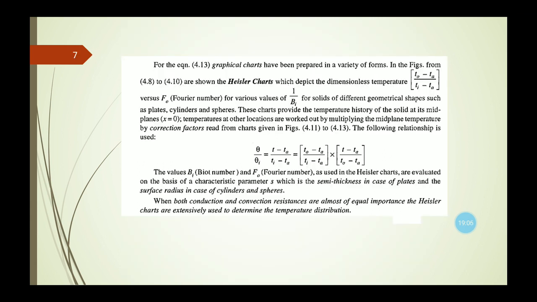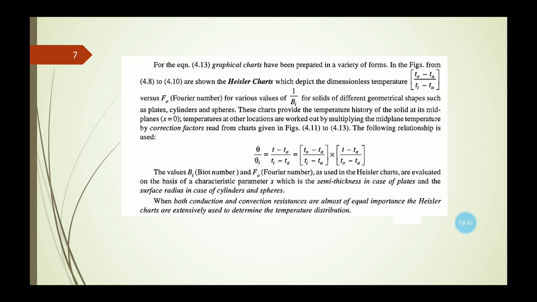So from equation 4.13 in the earlier page, graphical charts have been prepared in a variety of forms. So what are those graphical charts? These are actually known as the Heisler charts. These Heisler charts depict the dimensionless temperature, that is (To minus Ta) divided by (Ti minus Ta), versus the Fourier number for various values of 1 by Biot number for solids of different geometrical shapes such as plates, cylinders, and spheres.